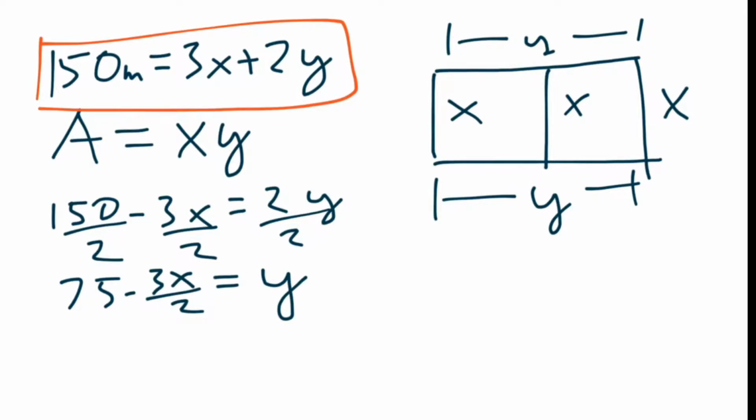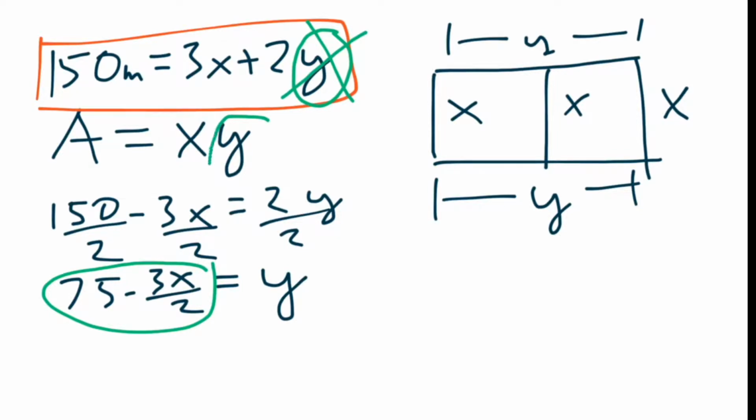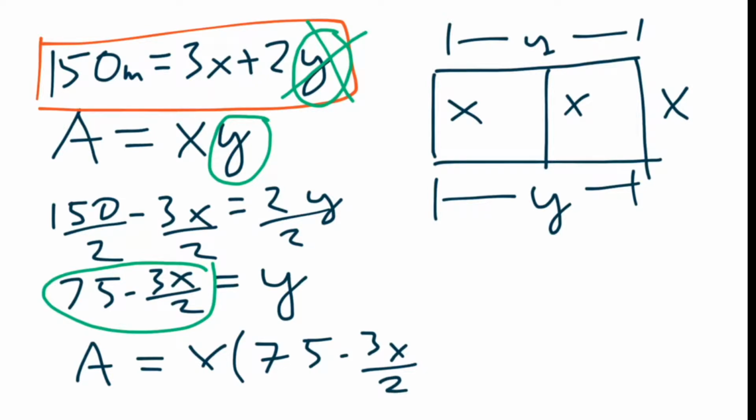Now we're going to take this value, since this equals y, and substitute it in for the y in the area equation. So the area will equal x times (75 minus 3x over 2). It's nice to distribute that x for when you take the derivative, so we'll say 75x minus 3x squared over 2.